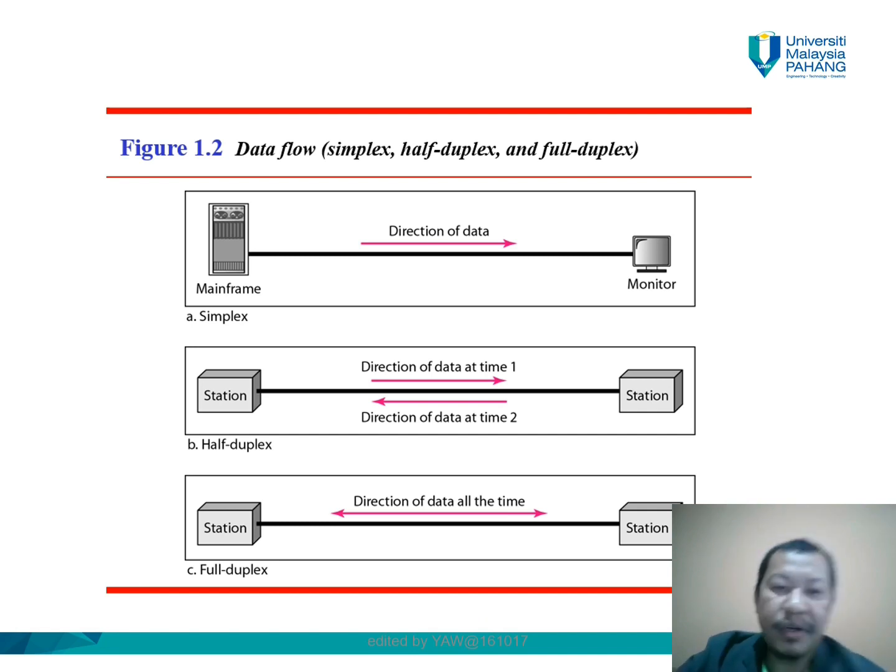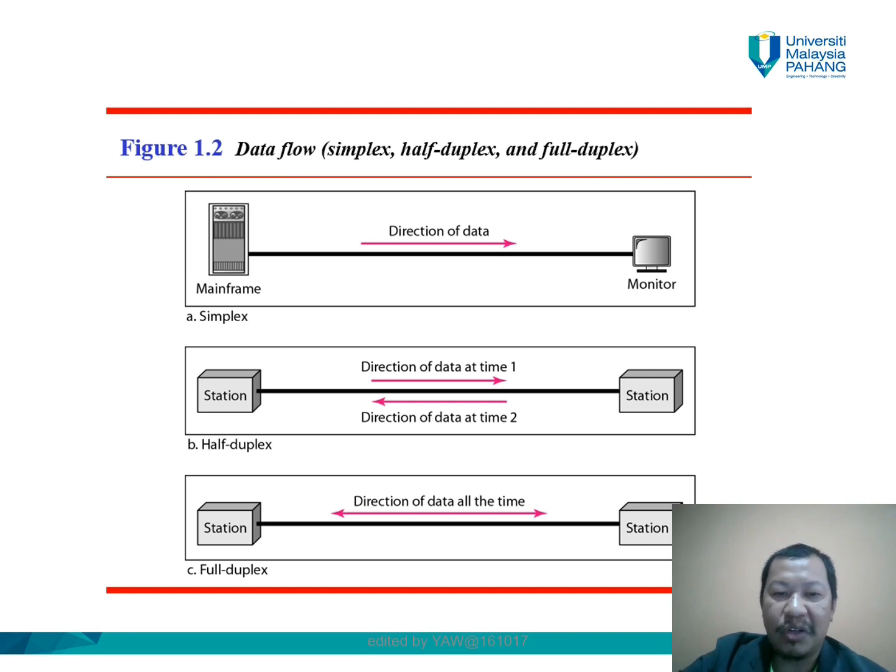The most common example for simplex is the keyboard, or radio transmission, FM radio. The example for the second data flow, half duplex, is the walkie-talkie.